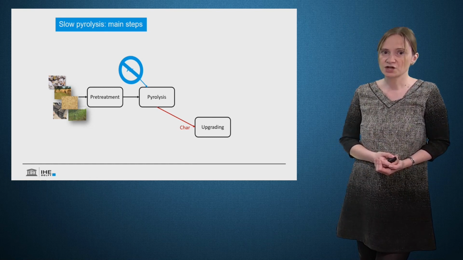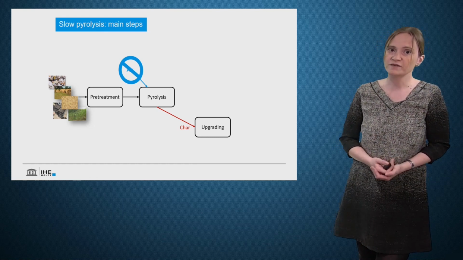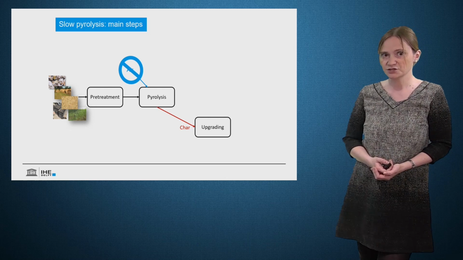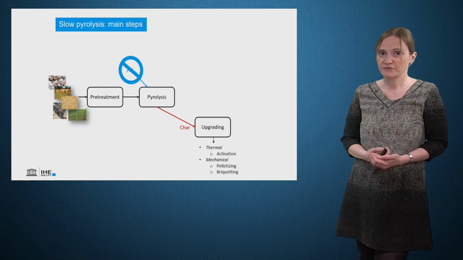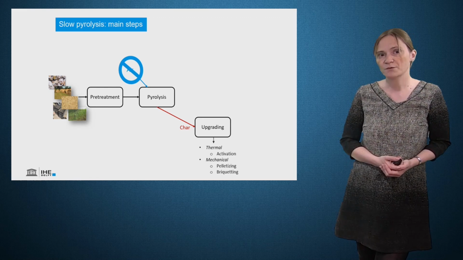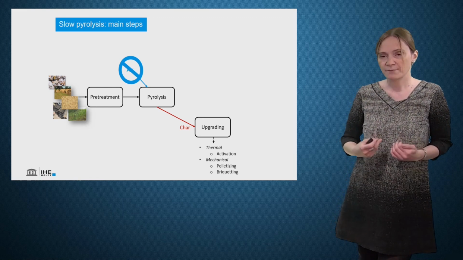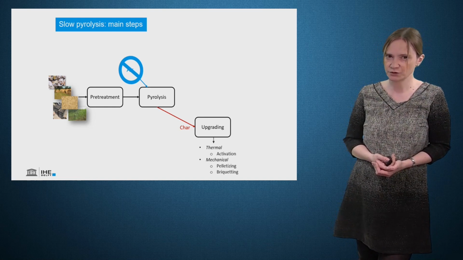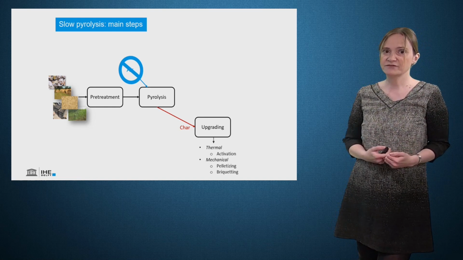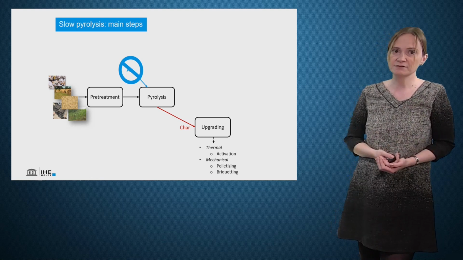Before final use, char is often upgraded to improve its properties relative to the applications. There are two categories of upgrading. First, thermal upgrading, commonly called activation, where the biochar porosity is enhanced thanks to high temperature reactions with reactive gas like steam or carbon dioxide.